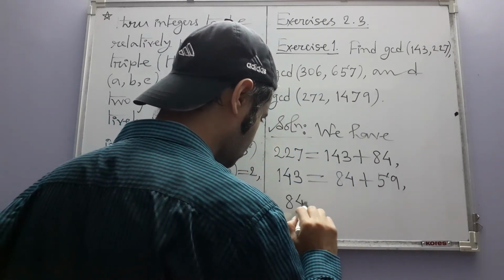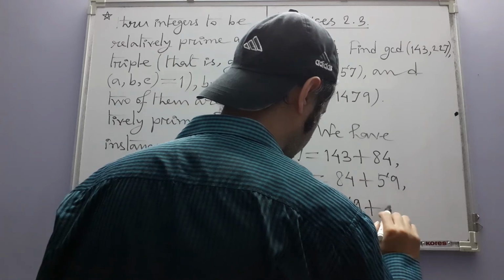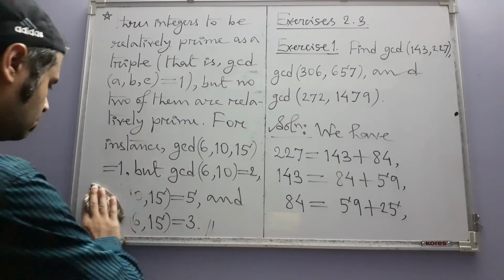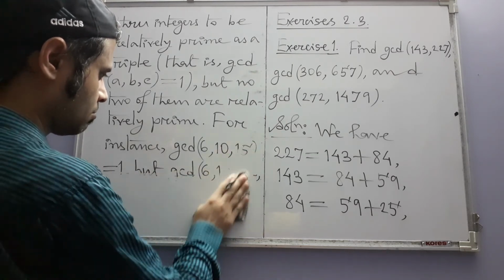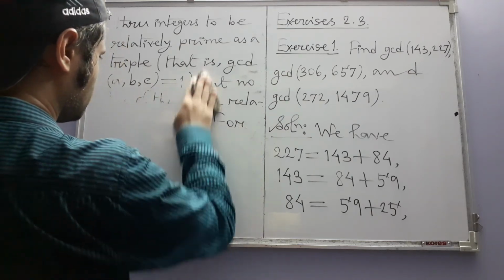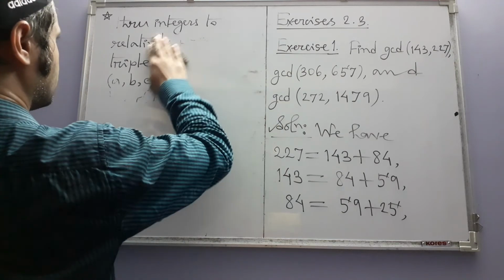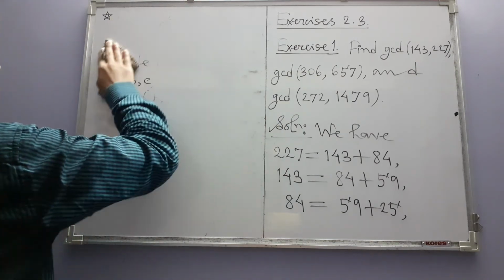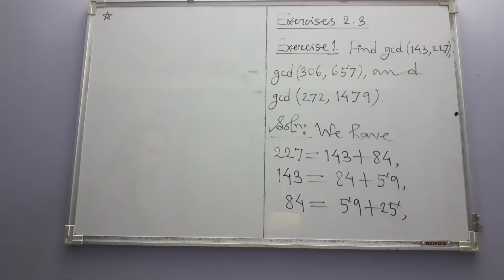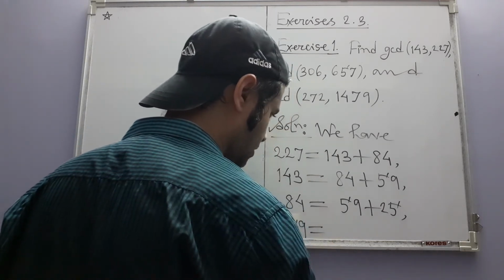Next, 84 equals 59 plus 25. Next, I can in fact write here one more equation: 59.